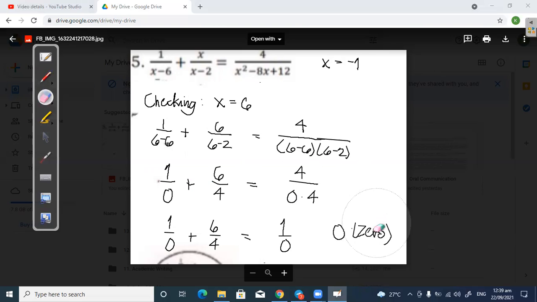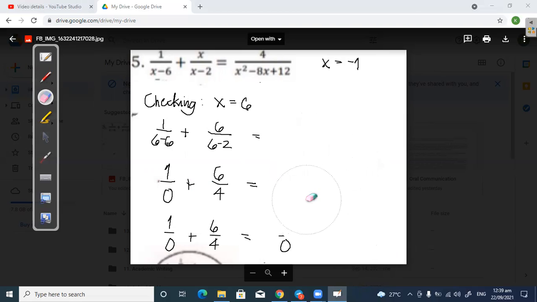Kaya may tawag tayo dyan na yung solution na parang true kasi nakuha mo siya, parang walang problema. Di ba? Pero, nung in-apply mo na ng checking, nagka-problema. Hindi sila nag-equal. That is what we call extraneous root. Extraneous root.